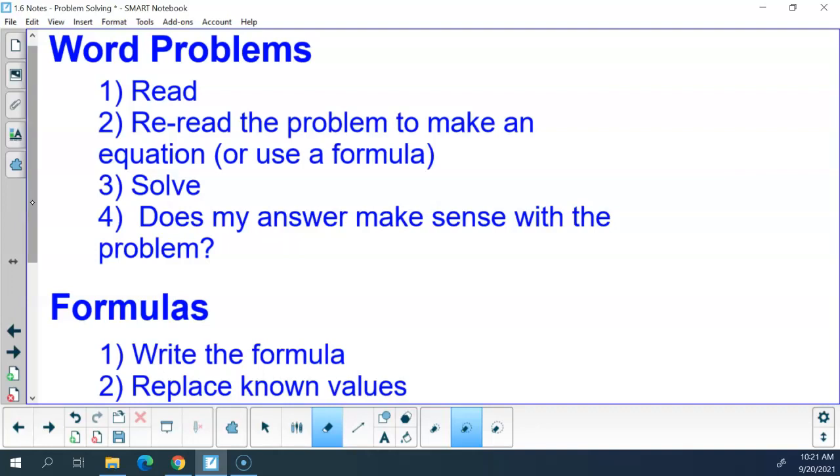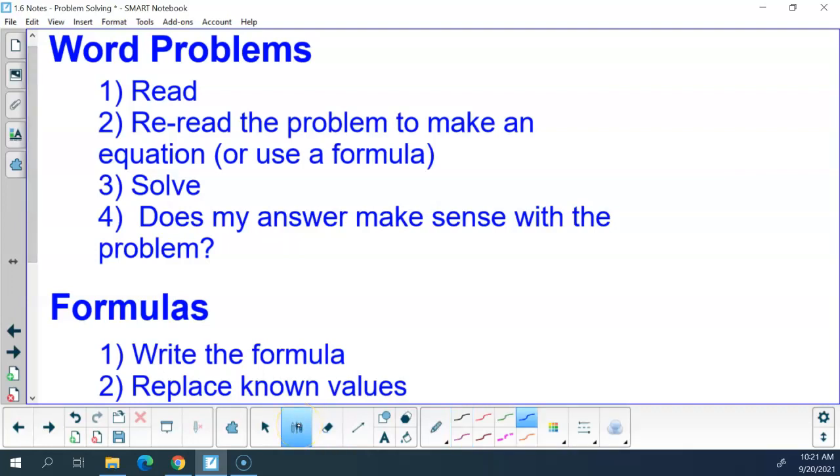Or in the problem, it will say Bernoulli's formula is such and such, and how would that apply to this scenario? Kind of thing. Then we're going to solve it, and then we're going to say, does my answer make sense within the problem?